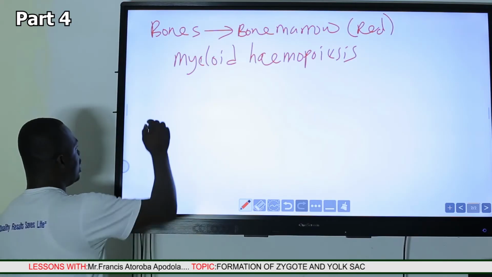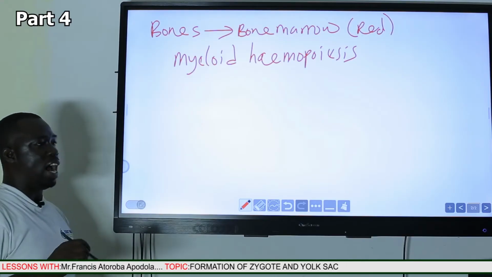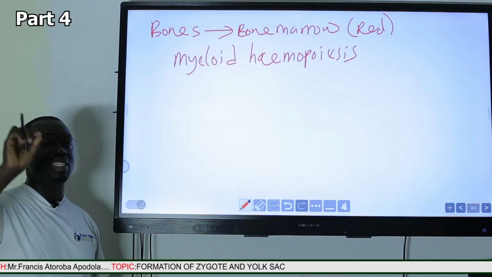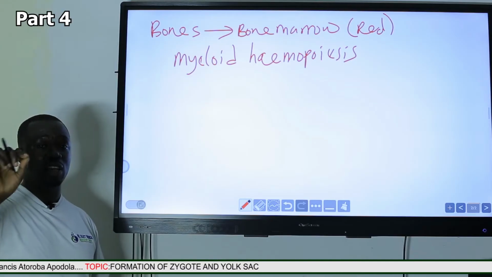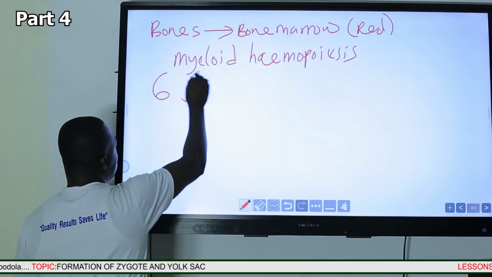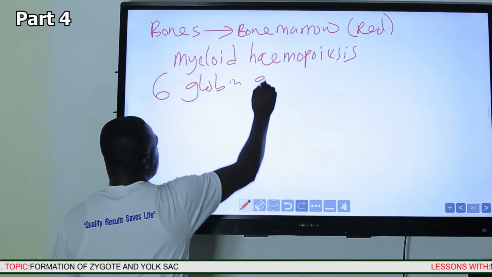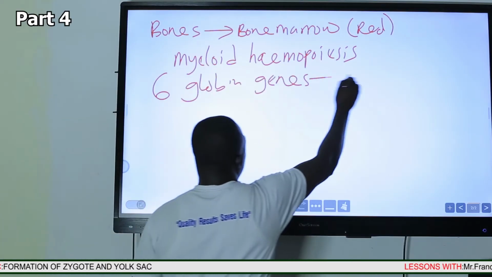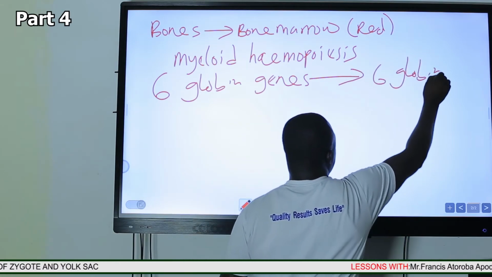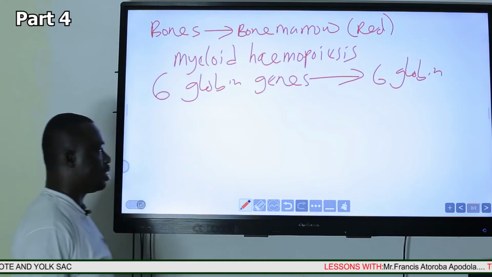Technically, these hemoglobin molecules are produced by genes. Generally, there are 6 structural globin genes, and these genes code for 6 globin chains.